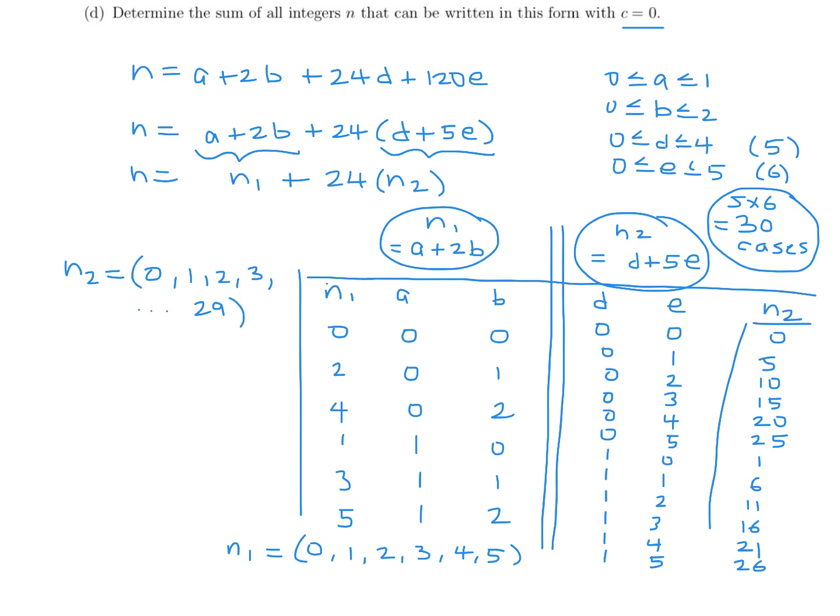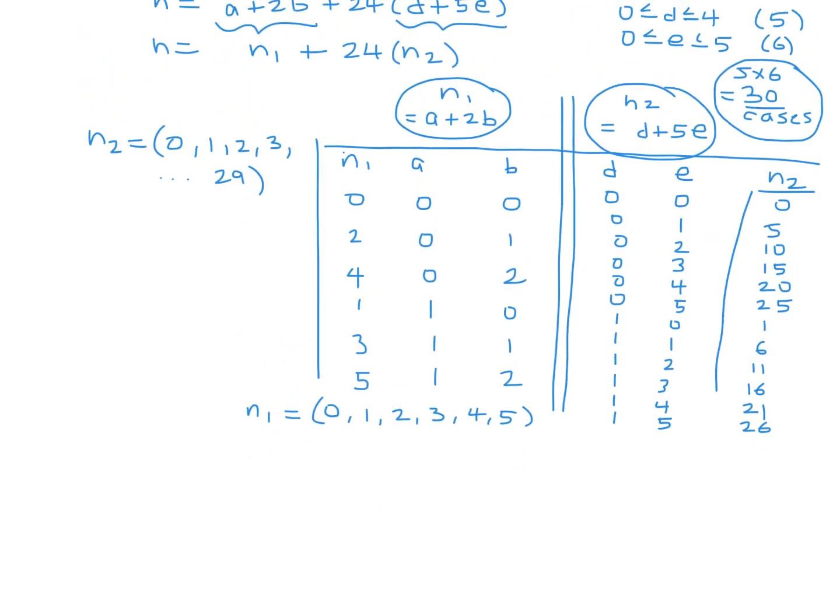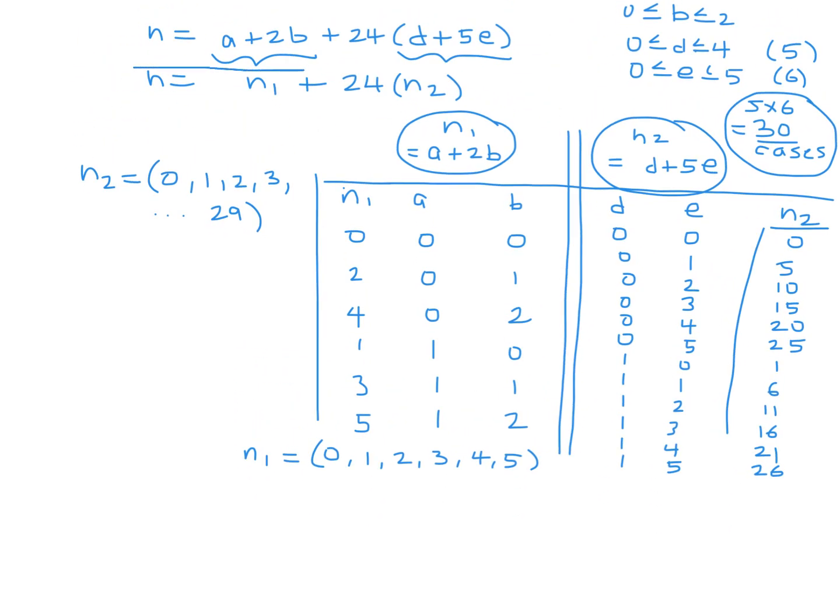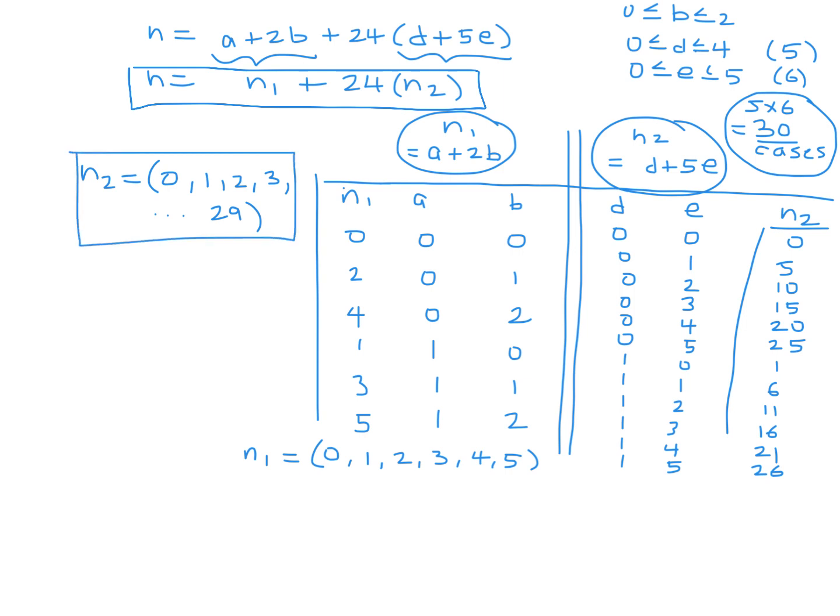And that is indeed 30 cases, so that matches what we had predicted. Okay, great. So let's keep in mind, n is this guy. We know these are the possible values for n2, and these are the possible values for n1. But we would just have to add them.